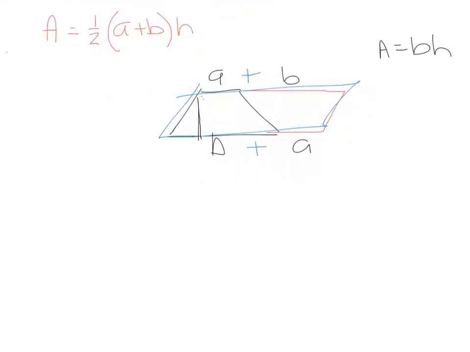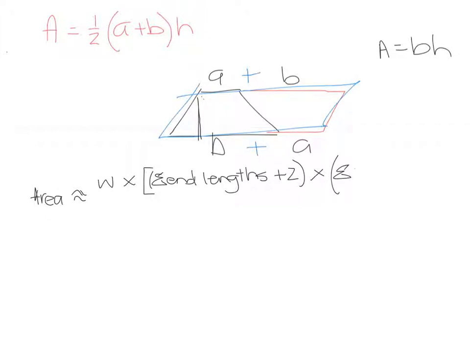From that, we can deduce the trapezoidal rule: the area is approximately, because just like before, it's an irregular shape so we're approximating, the width multiplied by, I'm going to put square brackets in here, the sum of the end lengths plus 2 times the sum of the middle lengths.